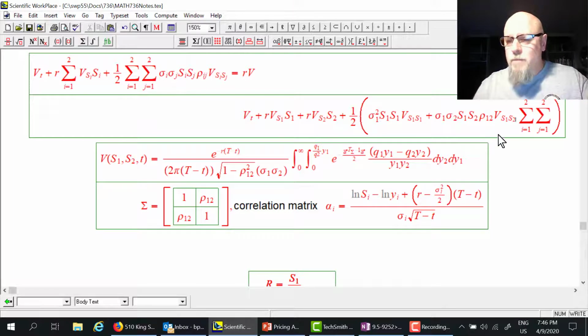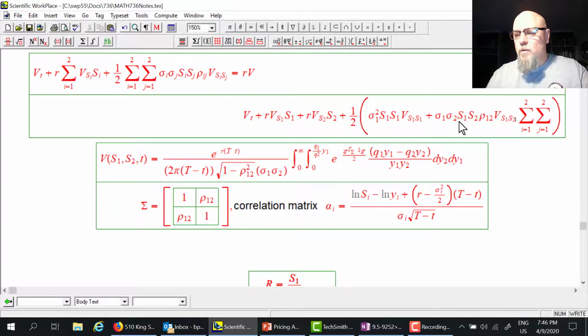Oh, but the 2, 1 piece, that's going to be 2 and 1. This will be the same, right? The correlation between 1 and 2 is the same as the correlation between 2 and 1. That's why this correlation matrix is symmetric. So the 1, 2 piece and the 2, 1 piece are exactly the same. What about the derivatives here? The derivative with respect to stock 1 and then stock 2, or the other way around?